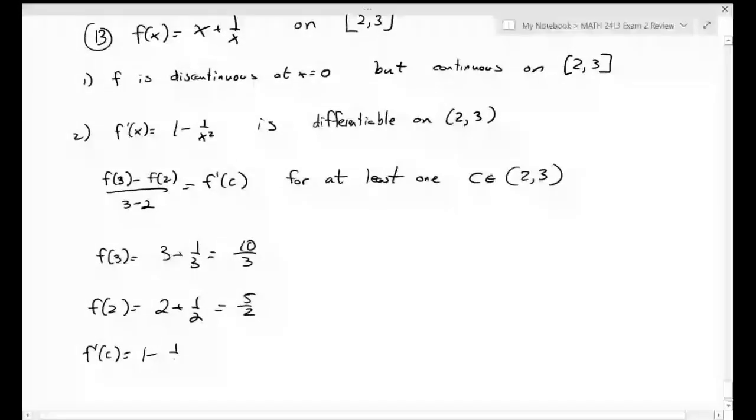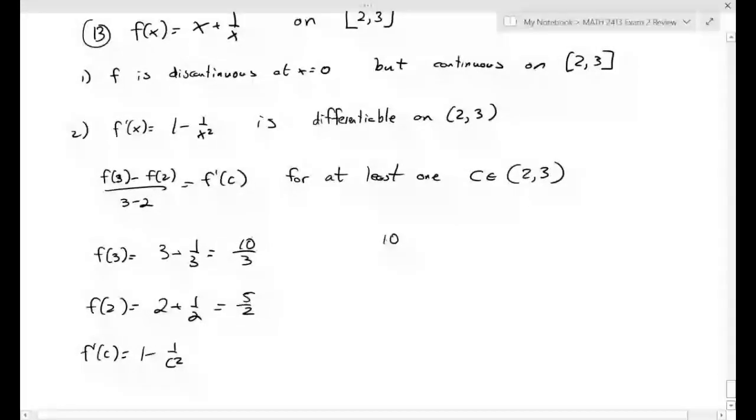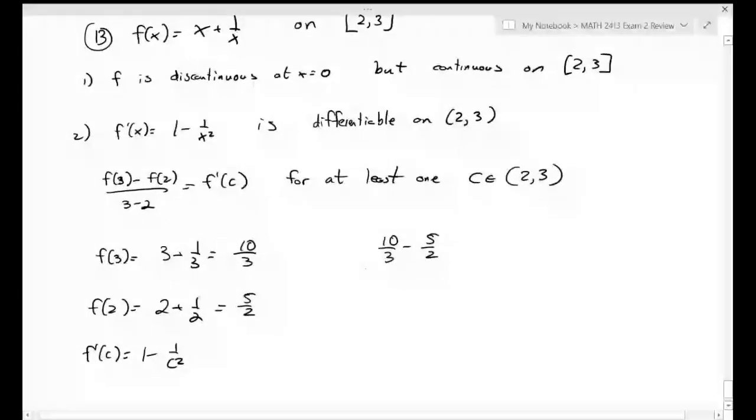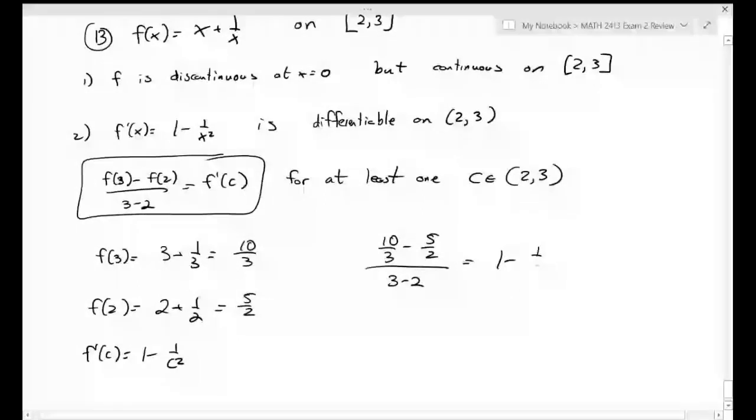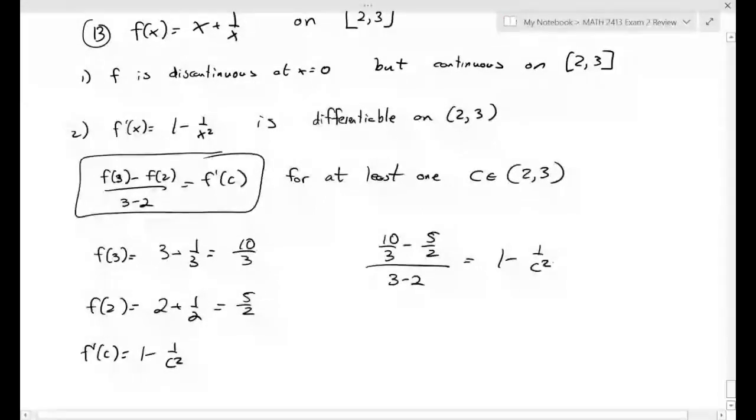So let's see, f of 3 minus f of 2, all divided by 3 minus 2. I'm just rewriting this with the specific numbers plugged in. Then we can find all values of c here.